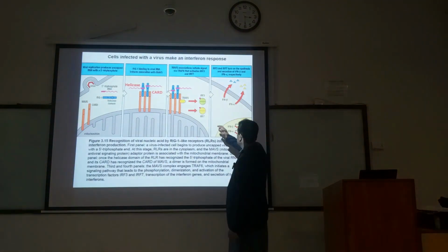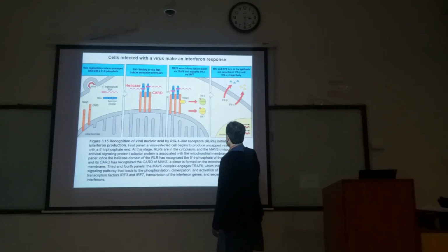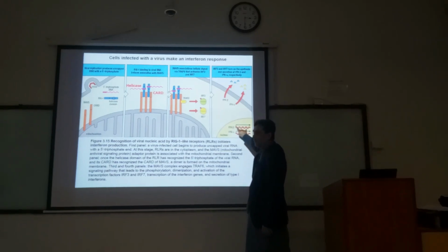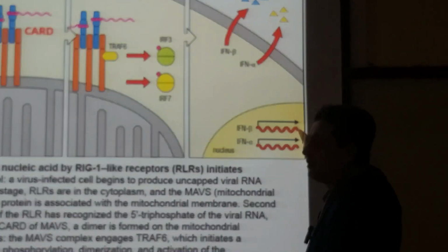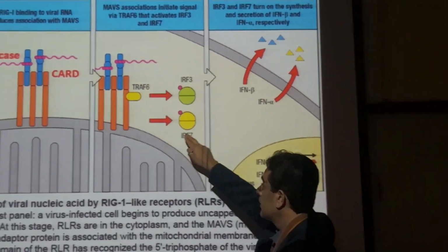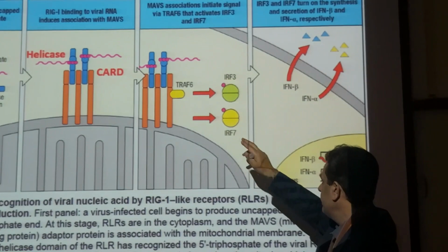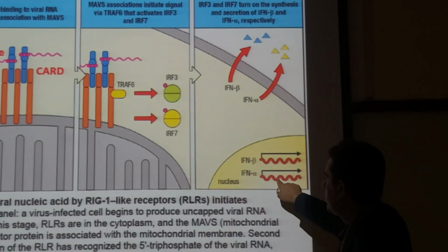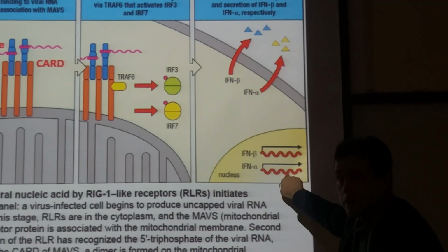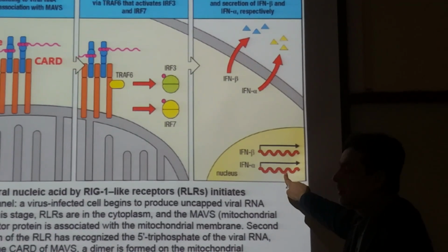For instance, interferon response factor 3 can specifically bind to the promoter of interferon beta and start the transcription of this particular gene. Similarly, interferon response factor 7 is going to bind to the promoter of interferon alpha and start the transcription of interferon alpha.